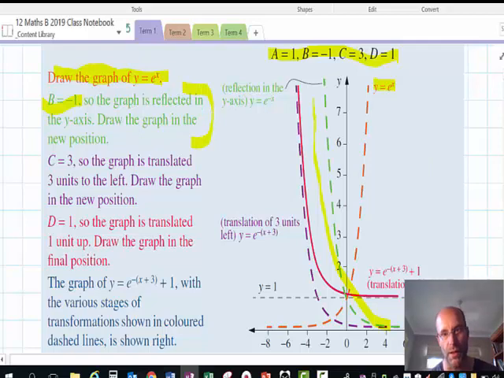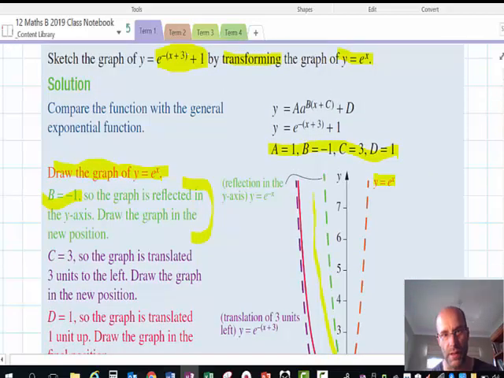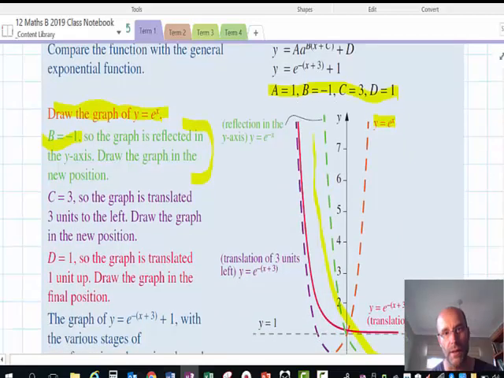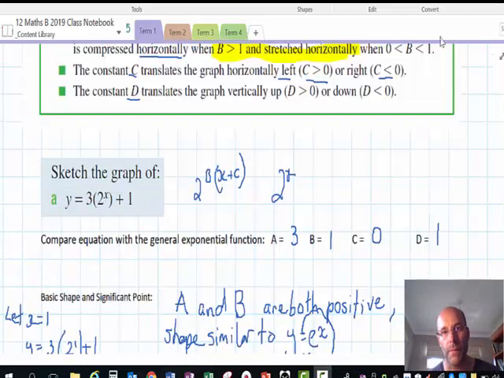And these verbal or textual explanations are very important. The next thing is the c. Alright, so c is 3. Once you've reflected it, then you move to c. So get the shape right first: shape first and then translations. That means it's translated 3 units to the left.